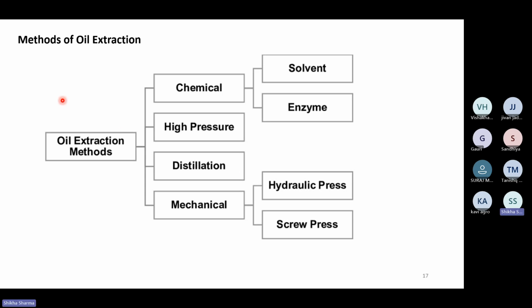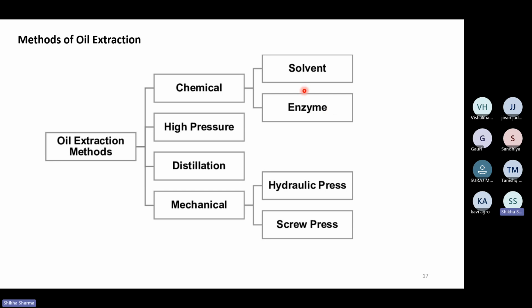Okay. So now let's discuss methods of oil extraction. Oil can be extracted by four different methods, like chemical and high pressure. In chemical extraction, solvent can be used for extraction of oil.